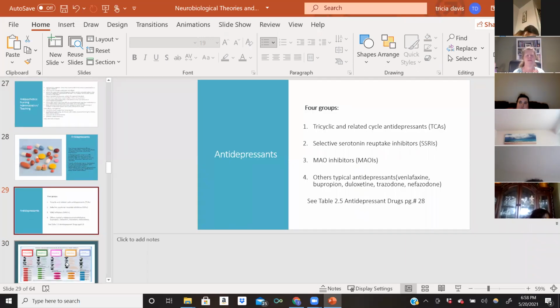So there are 4 groups of antidepressants. You have your tricyclic and related cyclic antidepressants. These are your TCAs. We have our selective serotonin reuptake inhibitors, our SSRIs. And then we have our MAO inhibitors, our MAOIs. Then we also have other atypical antidepressants: venlafaxine, bupropion, duloxetine, trazodone, and nefazodone.